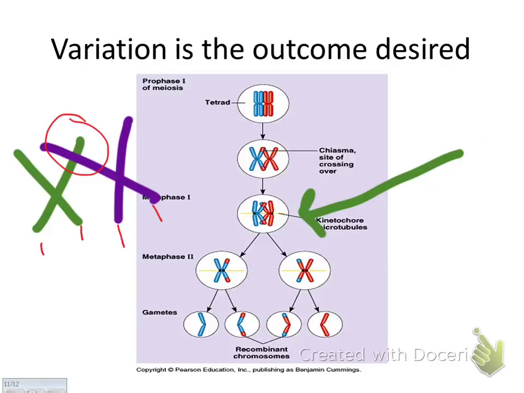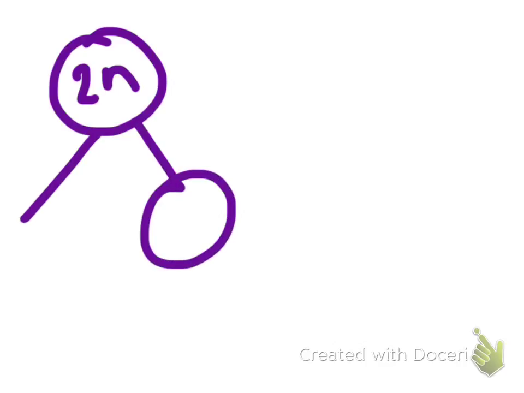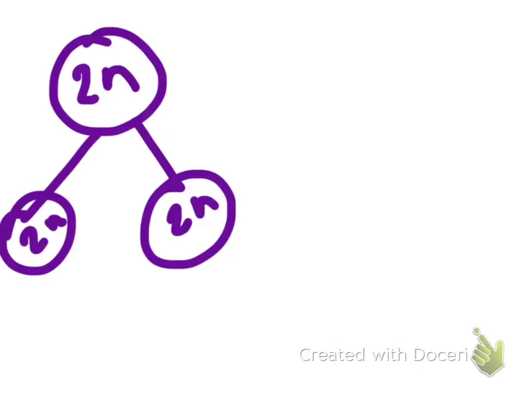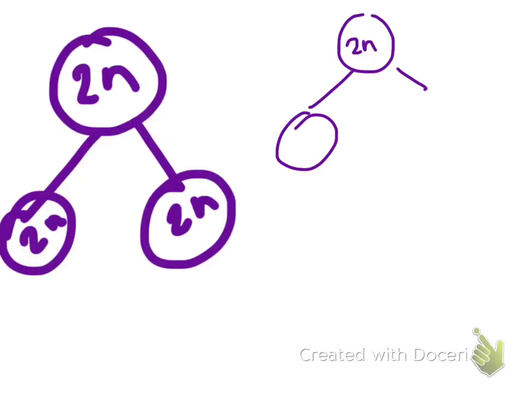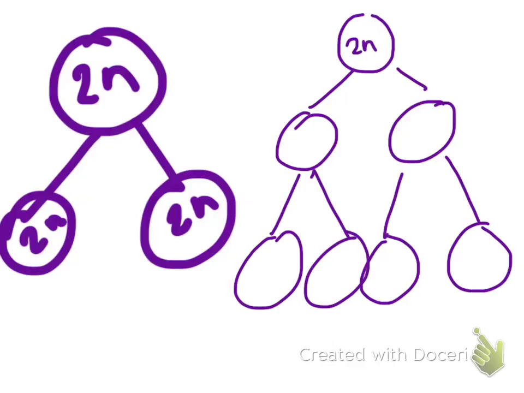Okay, so the major differences in mitosis and meiosis. I'm actually going to draw it for us instead. Mitosis was a diploid cell making 2 diploid cells. And that 2N means diploid. Meiosis is where a diploid cell divides, and then it divides again. It makes 4 haploid cells.